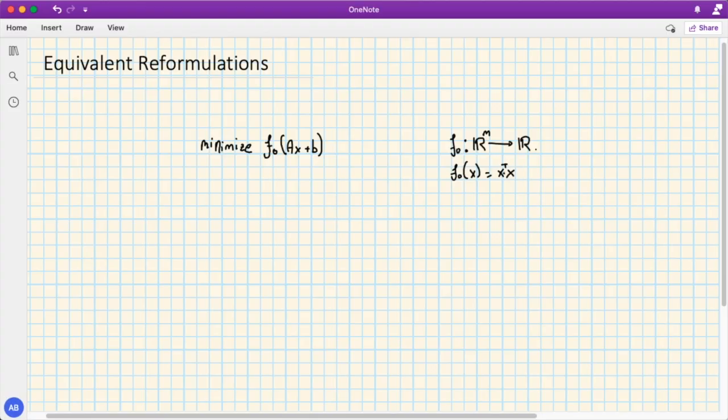This is one choice, this is an example. But what we're doing over here is for any f0 of x and with no constraints. So this is the problem that I have, right?